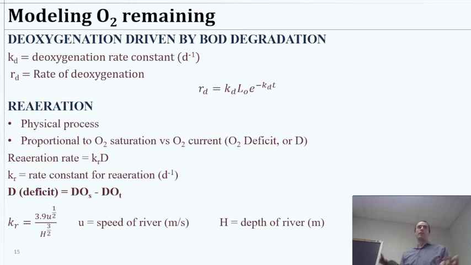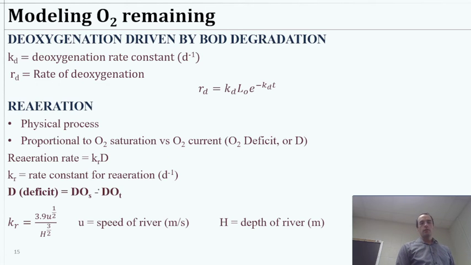That's how they derive this equation. And it typically is 3.9 times the speed to the 1/2 power divided by the depth, or the height, to the 3/2 power. So that's just what they found to be generally true.